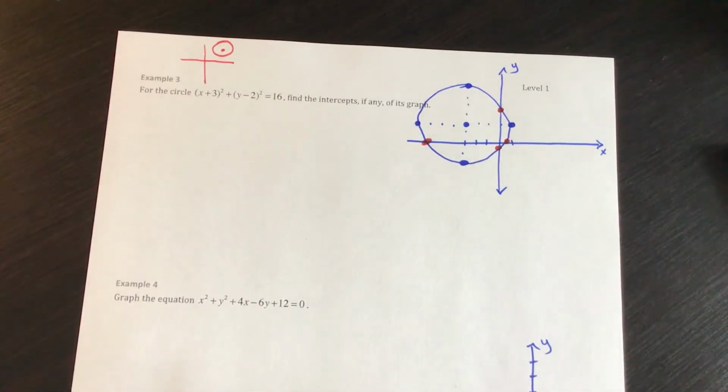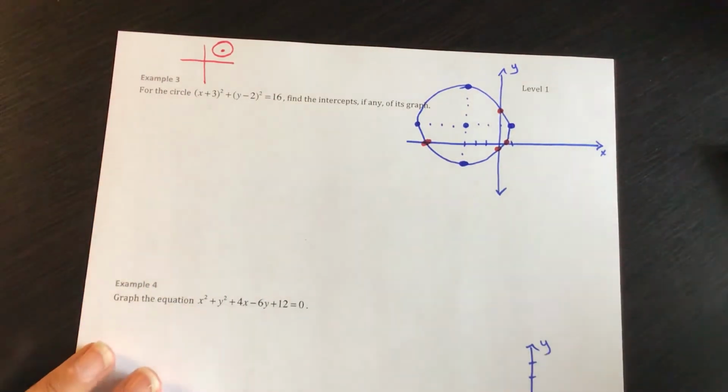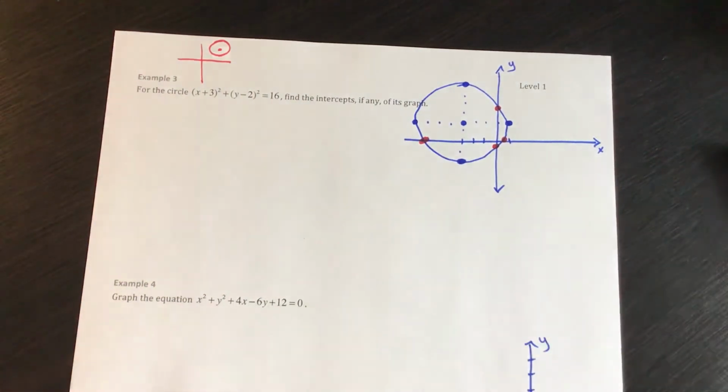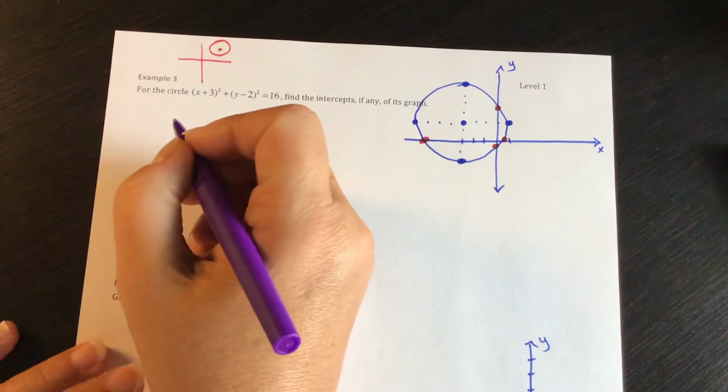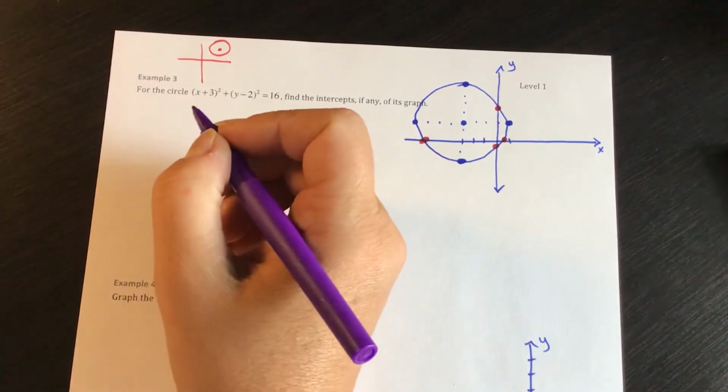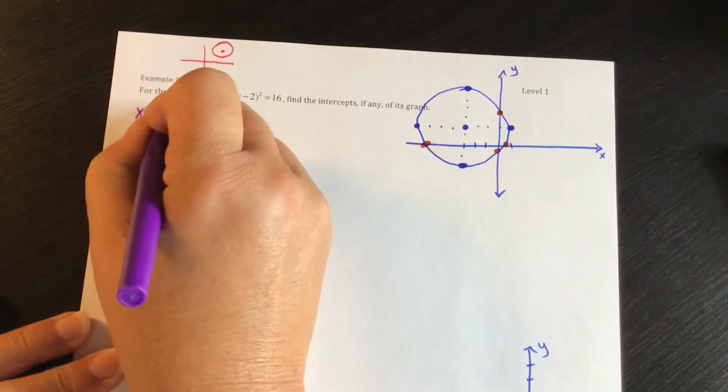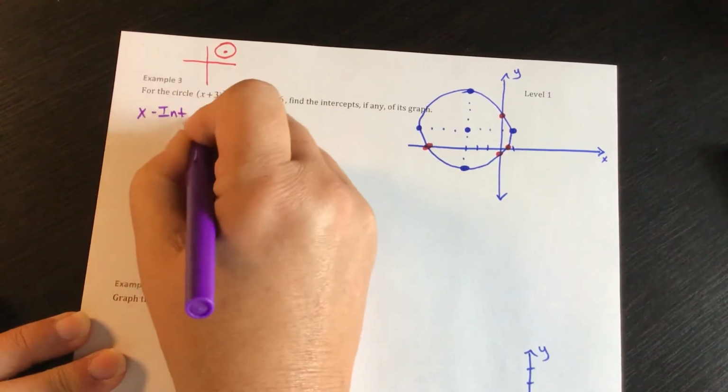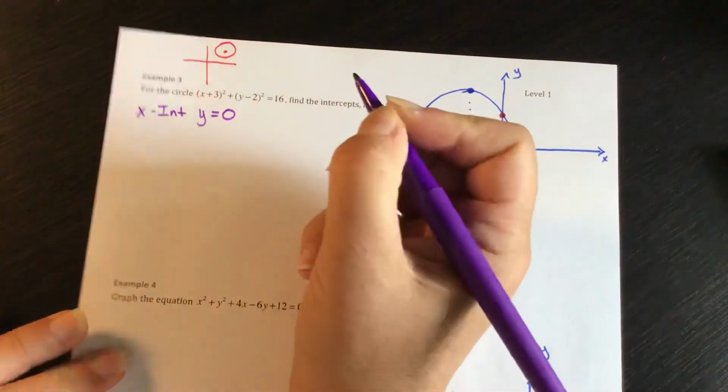Now, if you remember back when we were doing lines in the last section, to find an intercept, if I want to find the x-intercept, I set the y value equal to 0. So x-intercept, y equals 0.